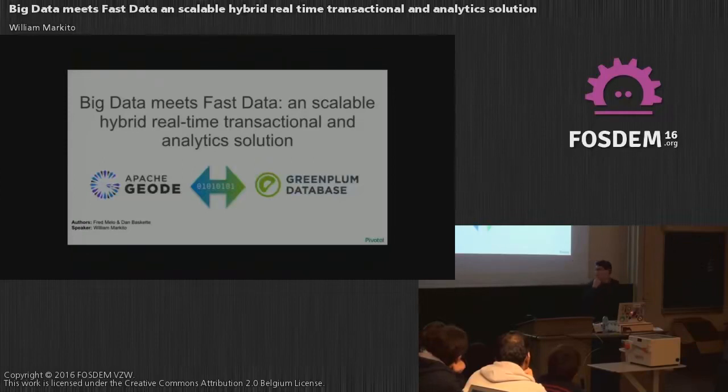And the idea is to talk about how you can integrate a system that is really focused on big data, such as Greenplum, and operate with fast data in memory using an in-memory data grid such as Geode, and then you can do the transactional workloads in Geode, but then if you need to do some machine learning or some more complex querying, then you can do that in Greenplum. So how can you make this integration easier, right?